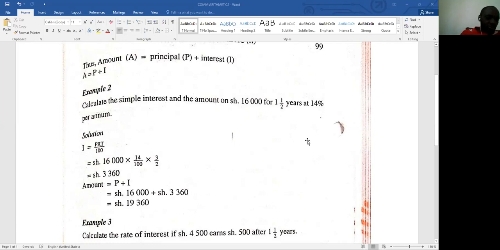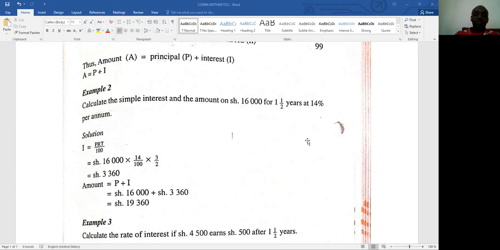Interest is the money charged for the use of borrowed money for a specific period of time. If you have a bank account, you can deposit some money. The money that you deposit or invest in that bank is called the principal, or the principal amount.